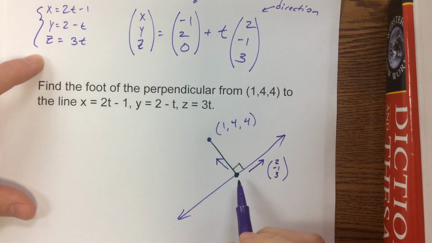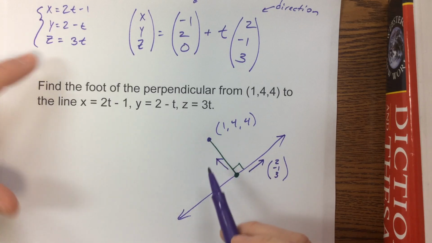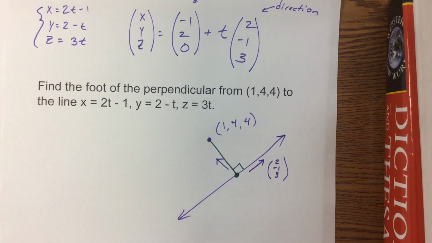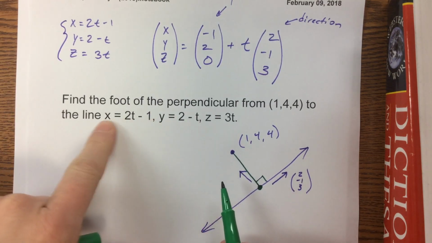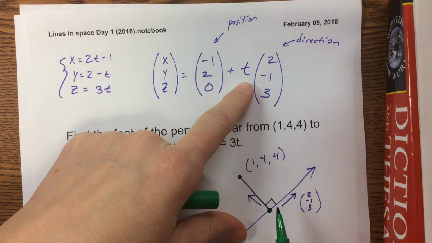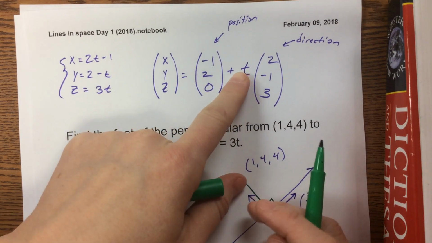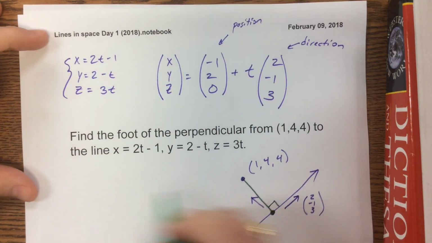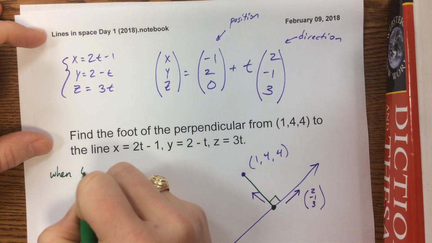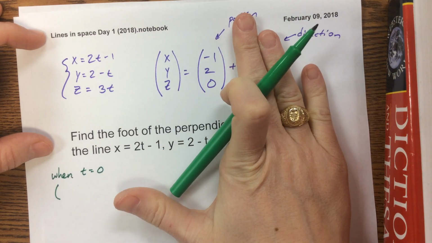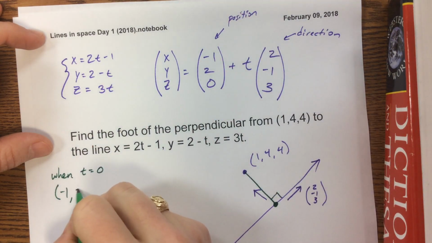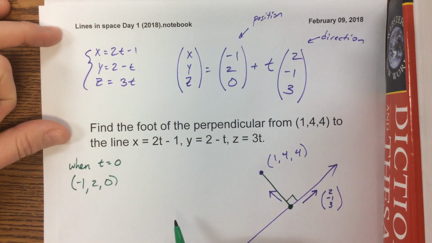The trick is to figure out what this vector is. Any point on this line can be found by plugging a t value into the equation of the line. For example, when t equals 0, this part is all gone, and we just have the point negative 1, 2, 0. That's a point on our line.